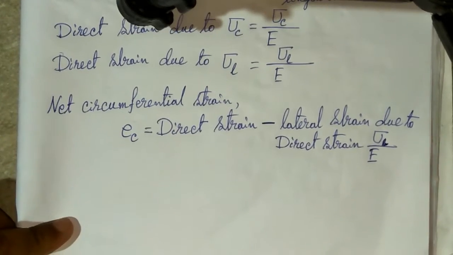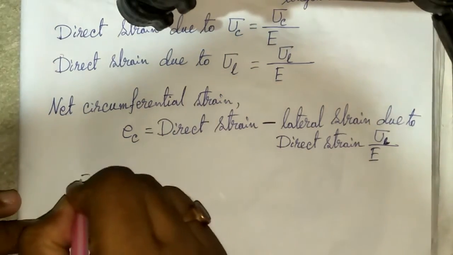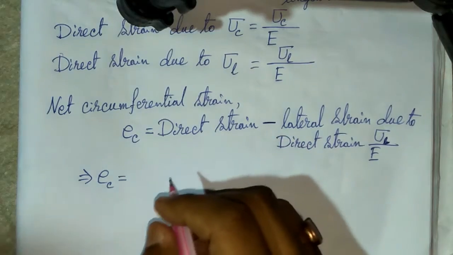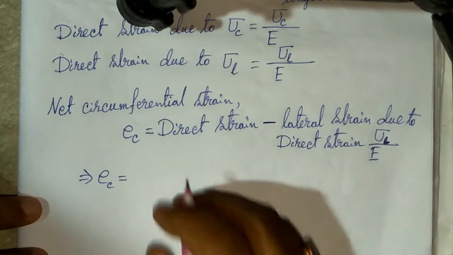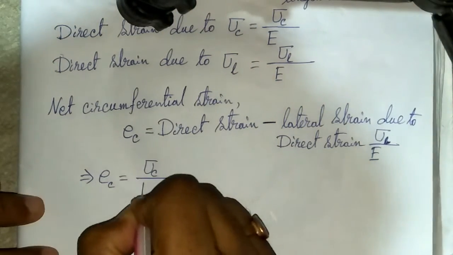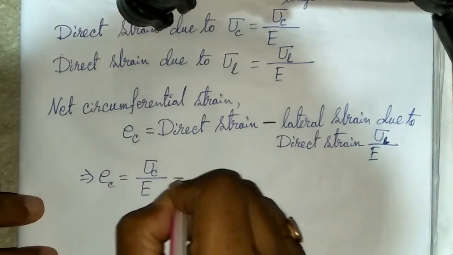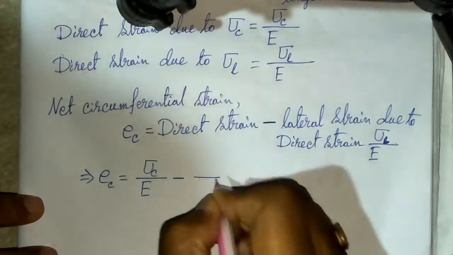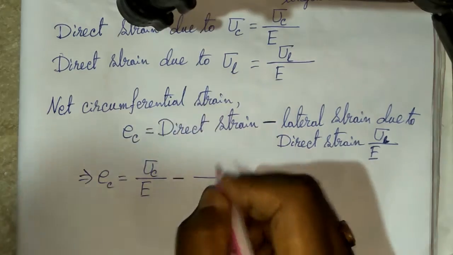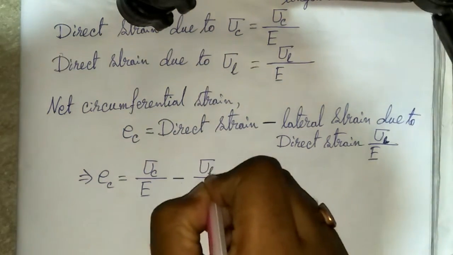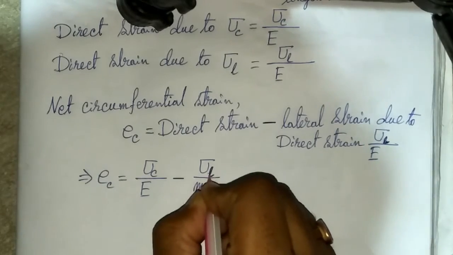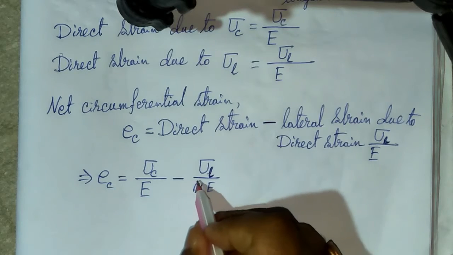So the circumferential strain, that is E suffix c, becomes sigma c by E minus sigma L by m E. Why does this m come?